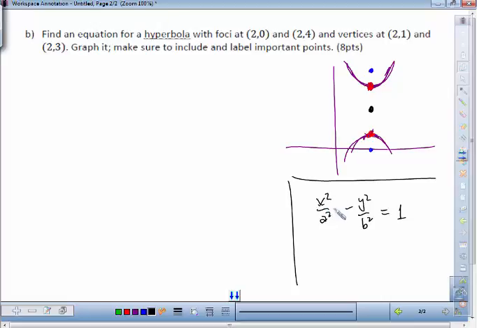So this is kind of generic, and we need to actually change this because there's a shift. And so instead of x squared, it'll be x minus whatever the x component of the new center is. And the center is labeled, we didn't label it yet.